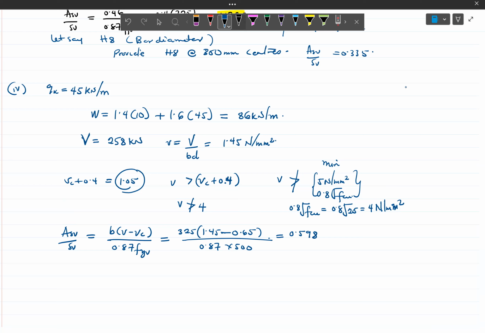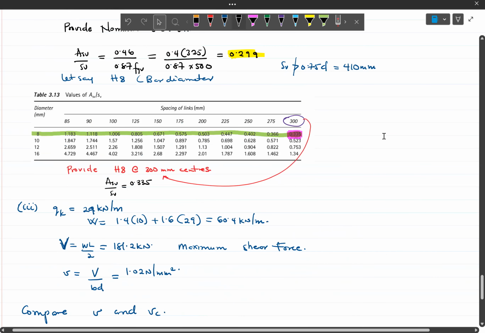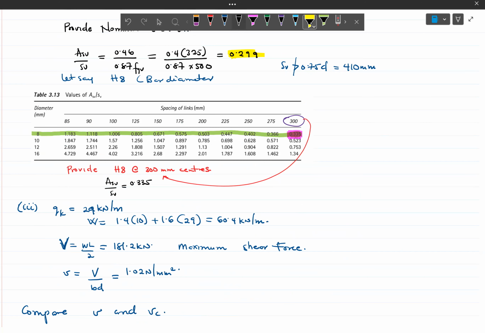Okay, so again, from the table above, table 3.13, this table that we're looking at, since we are using size 8 bar, for the third option we had 5.9.